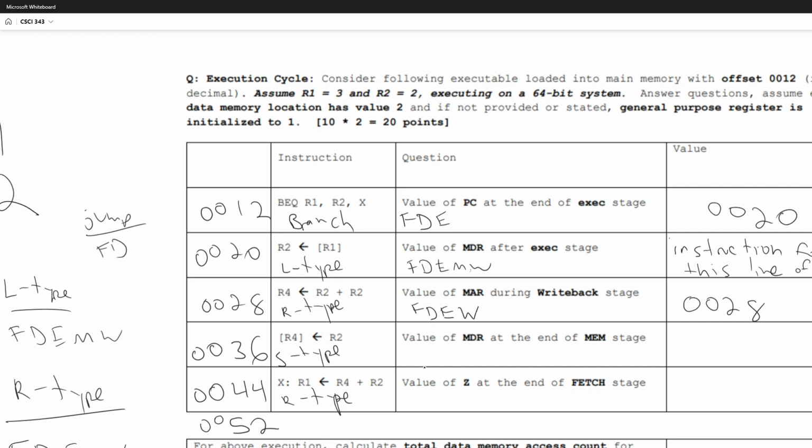S-type, MDR after the end of the stage: fetch, decode, exec, mem. So at the end of the mem stage, it's going to have whatever data we're trying to actually write to main memory. So we have to see if R2 was modified at all, and it was for the second line of code. It was loaded with whatever was in address 3.